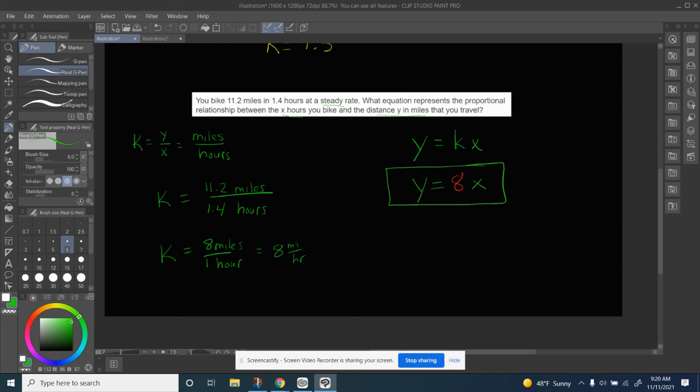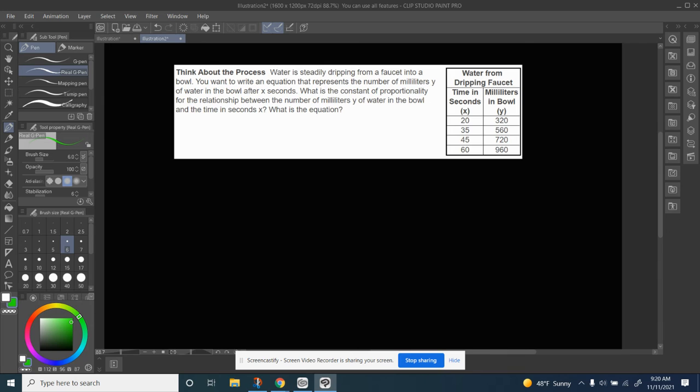So we can go one more step. And the next step is to kind of get into a deeper process. This says that water is steadily dripping from a faucet into a bowl. You want to write an equation that represents the number of milliliters, y, of water in the bowl after x seconds. So a couple of key points here. Remember, our format is y equals kx.